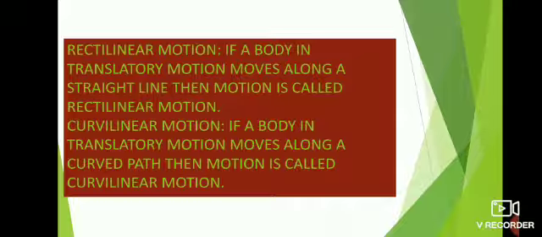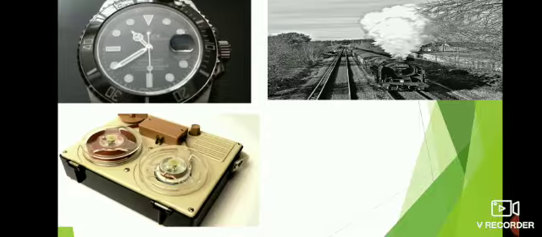A body in translatory motion moves along a curved path, then this type of translatory motion is known as curvilinear motion. So both rectilinear and curvilinear motions are translatory motions. Now we see examples of rectilinear and curvilinear motion.